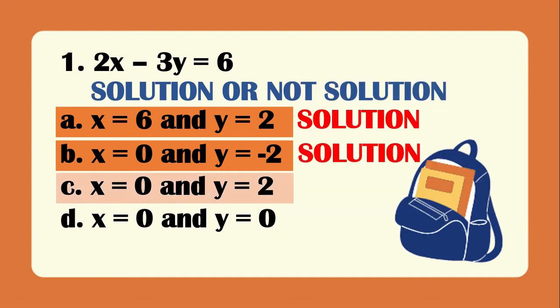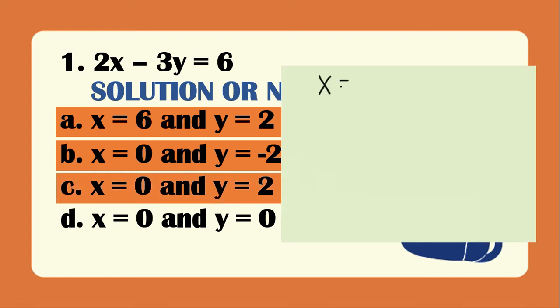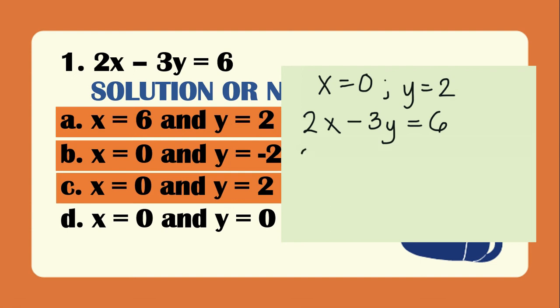Let's have the third one. 0 and y is 2. Using the given equation, next, we will substitute the value of x and y. So we will have 2 times 0 minus 3 times positive 2 equals 6.